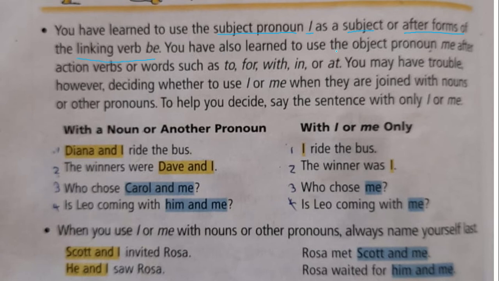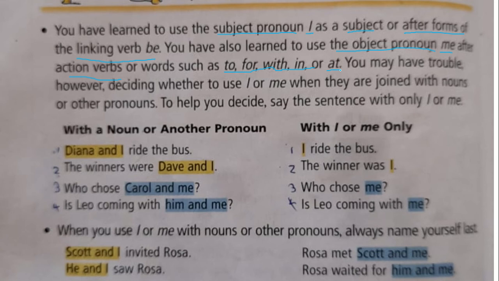And we will work with the object pronoun me that is after the action verb or after the words to, for, with, in, or at. You may have trouble, however, deciding whether to use I or me when you are joined with pronouns or other nouns. To help you decide, say the sentence only with I or me.